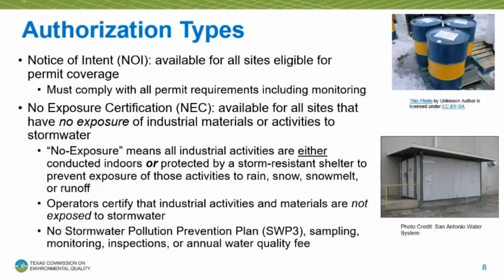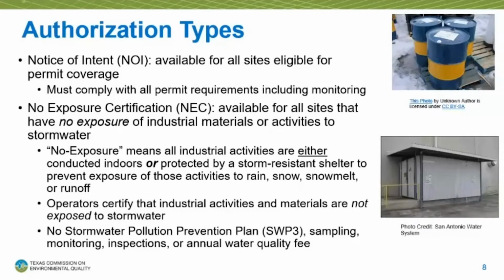So like I kind of described already, the notice of intent is available to anybody who's eligible for permit coverage, and it requires compliance with all of the elements of the permit, including monitoring. And then that no exposure certification is only for our facilities that have absolutely no exposure of their materials and activities to stormwater and precipitation.